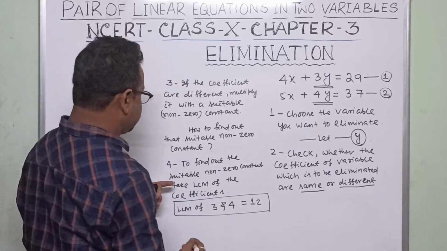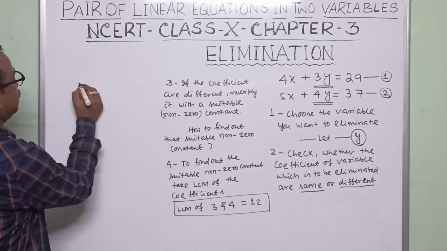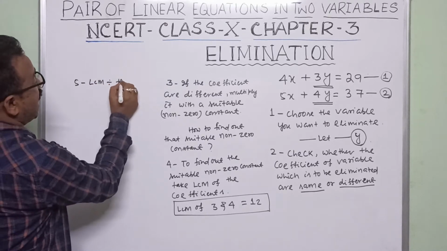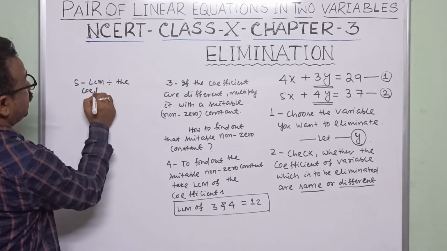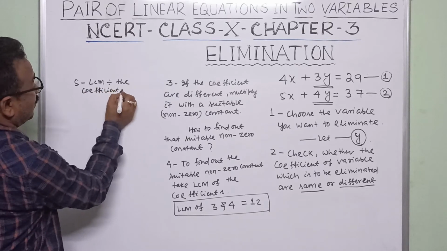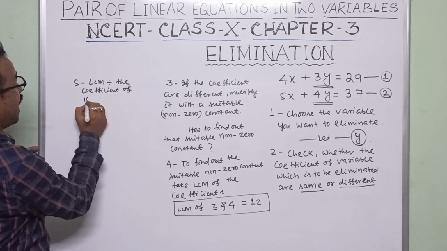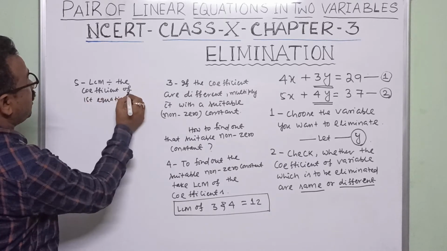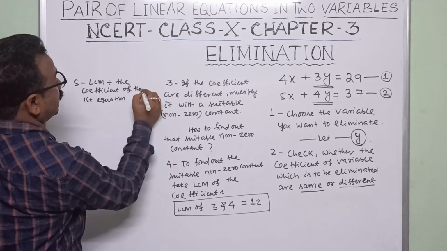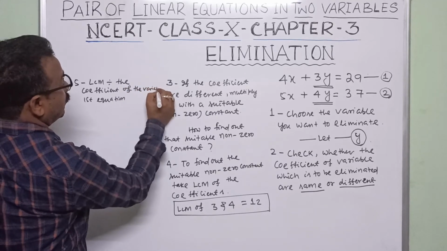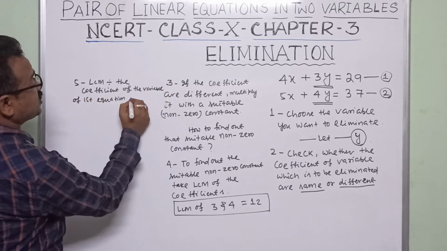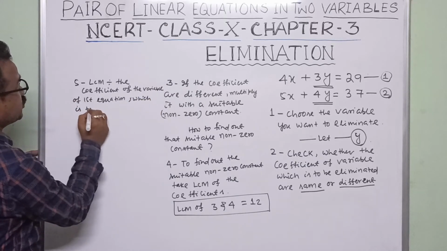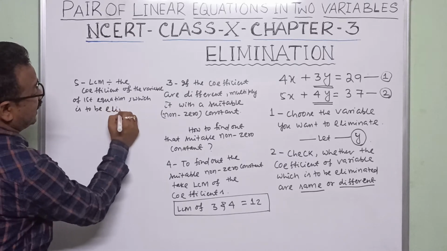So now step 5. LCM divided by the coefficient of the variable of the first equation which is to be eliminated.